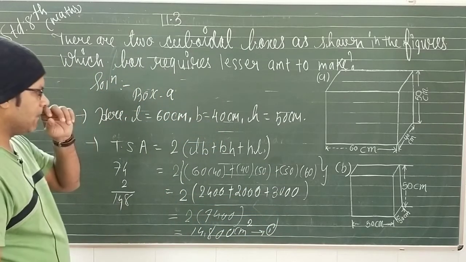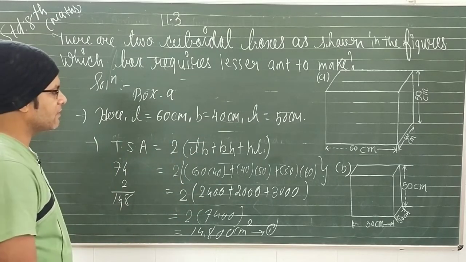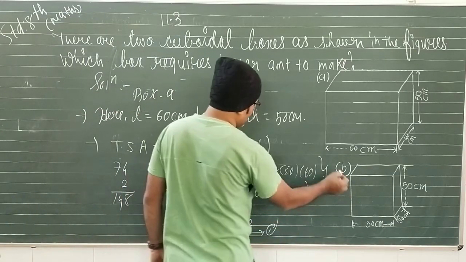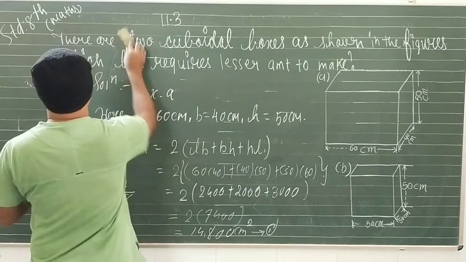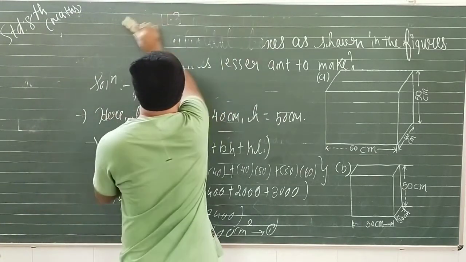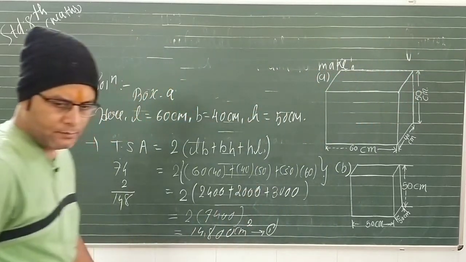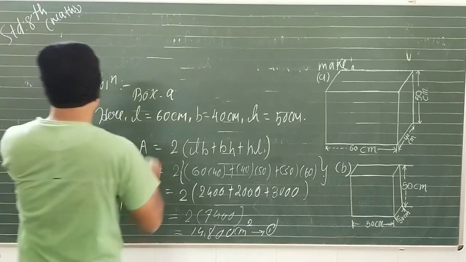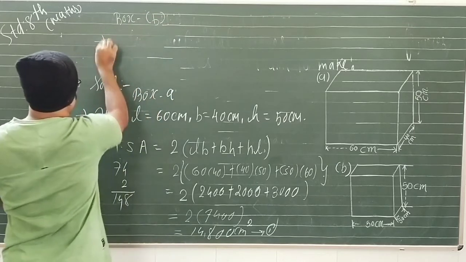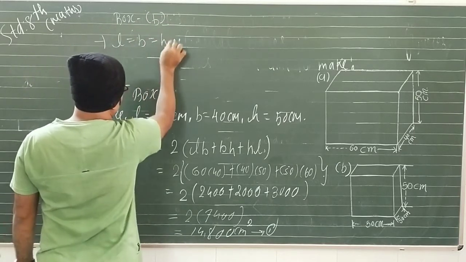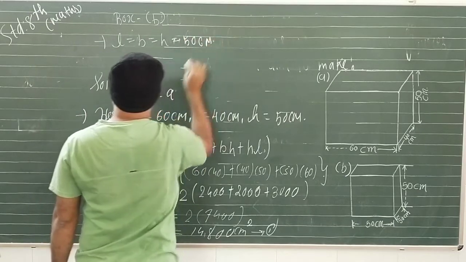Now we have to find box B. In box B also you have to do the same process, right? For box B. Here you see L, B and H, that is 50 centimeter.